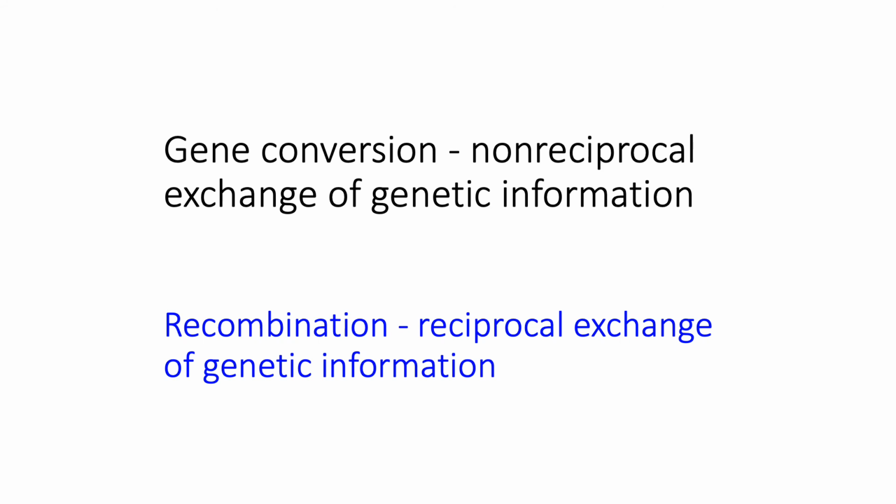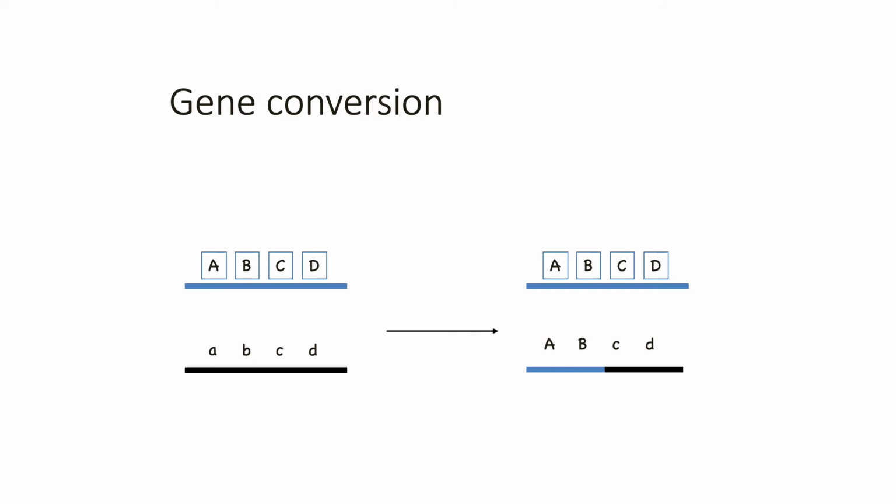Now, as opposed to recombination, which is the reciprocal exchange of genetic information, gene conversion is the non-reciprocal exchange of genetic information. And I'll show you how that works on the similar diagram that we looked at for recombination. Again, we have the blue and the black chromosomes. They have 4 regions, A, B, C, D on them.